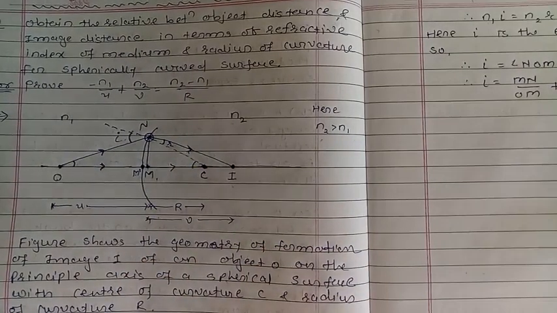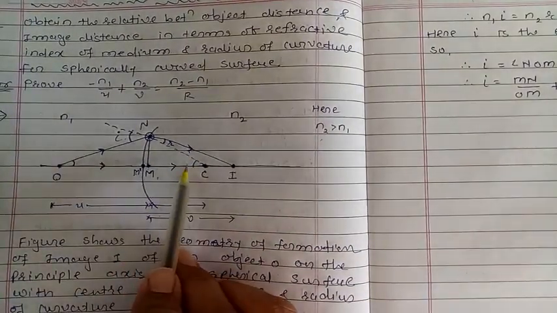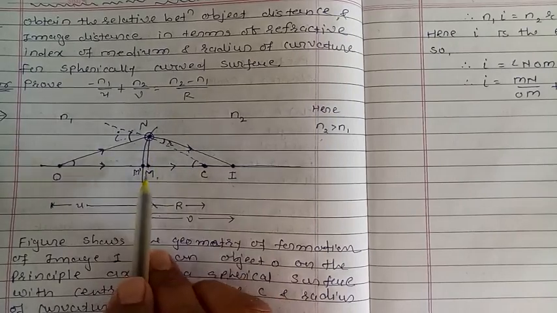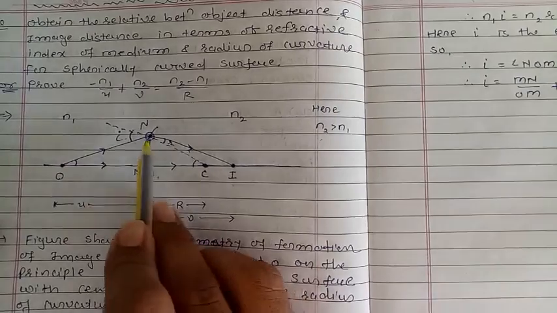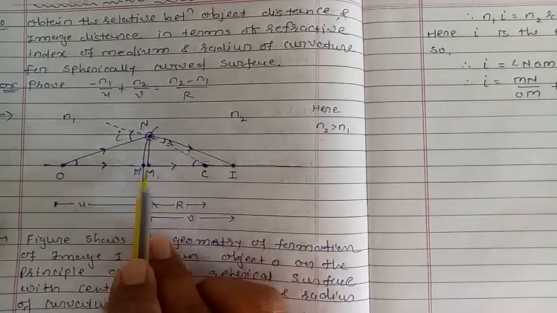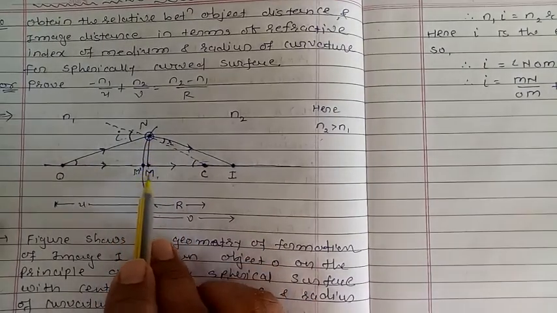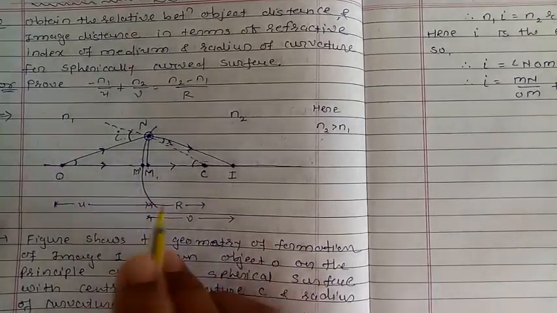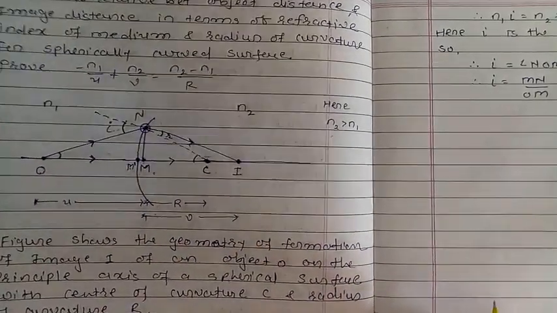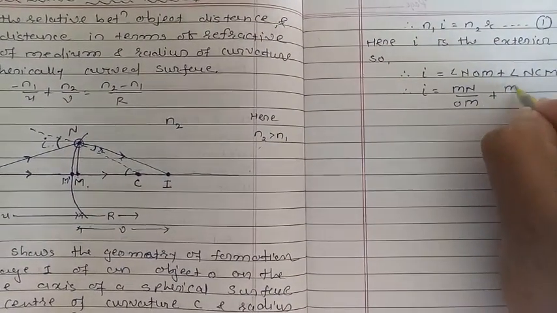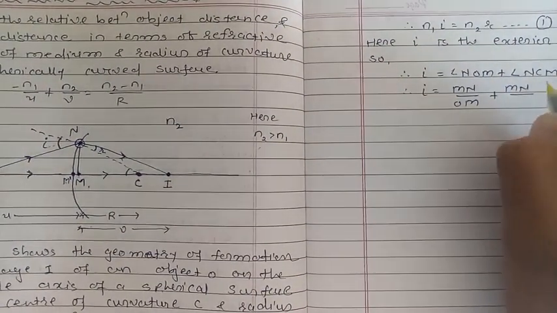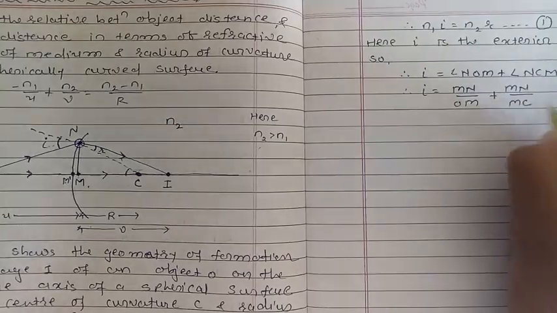So for angle NCM, tan theta is opposite by adjacent. Here for NCM, opposite is MN and adjacent is MC. So we can write that angle NCM is equal to MN upon MC.